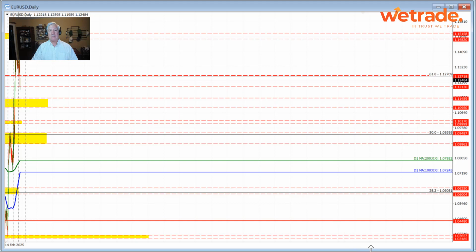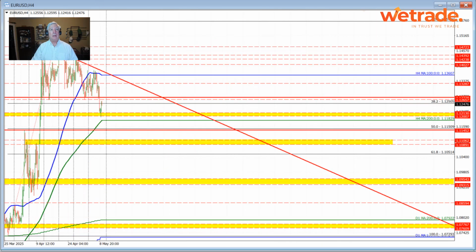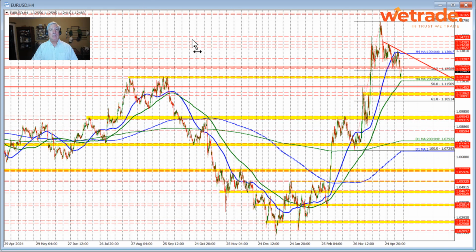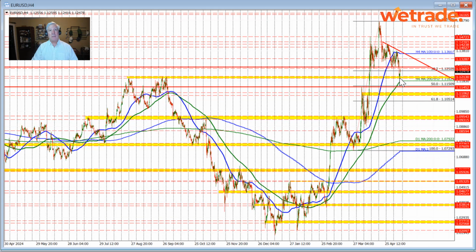Going back to the hourly chart right here, we also came down to this swing area through here, and it doesn't look like much. But if I go to the 4-hour chart and go back in time to way back here, these high prices came within that area. And as you can see in trading today, we moved just a little bit below that level before rotating back to the upside.